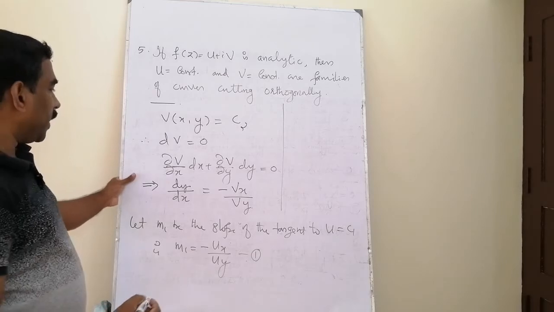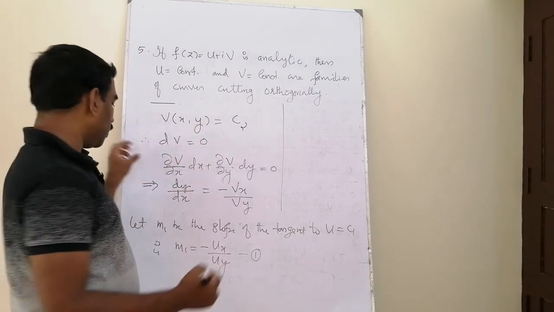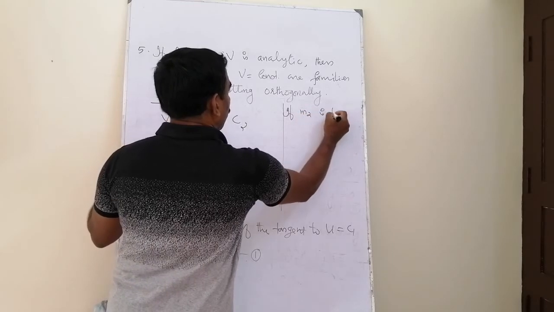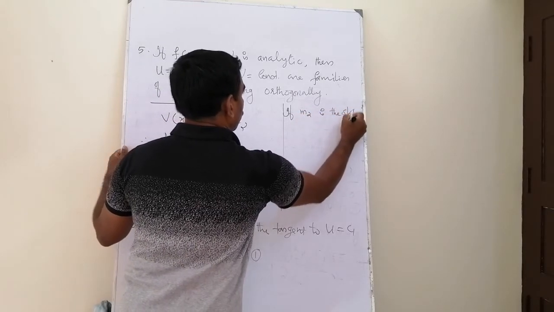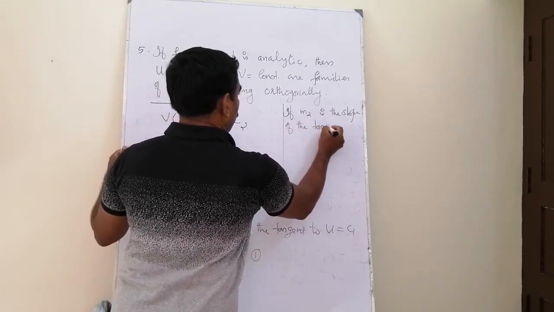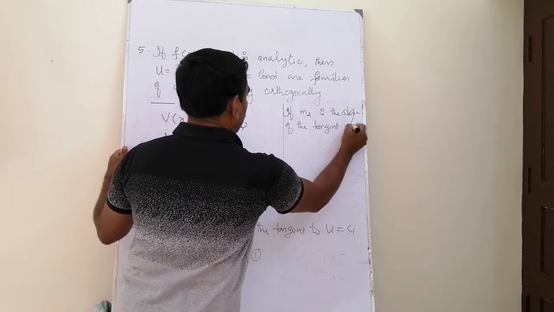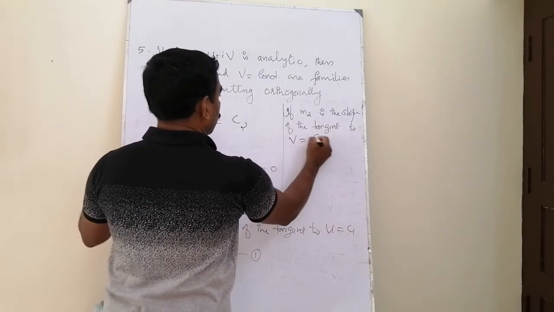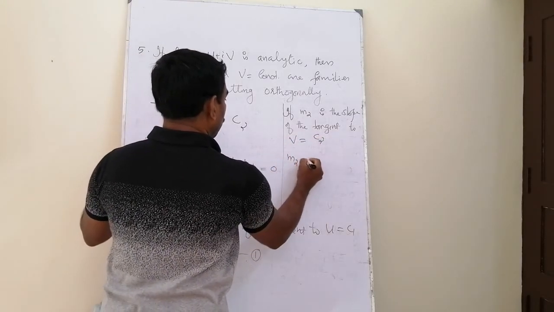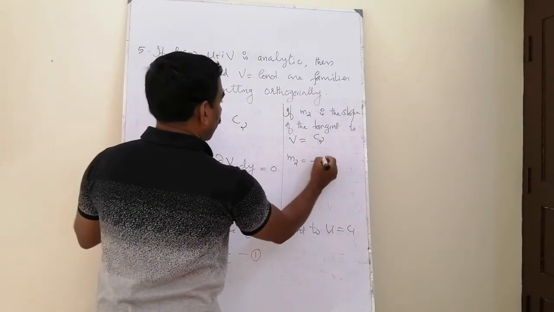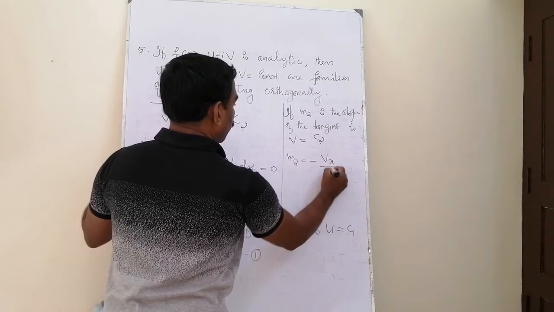If m2 is the slope of the tangent to the curve v equal to c2, then m2 is minus vx divided by vy.